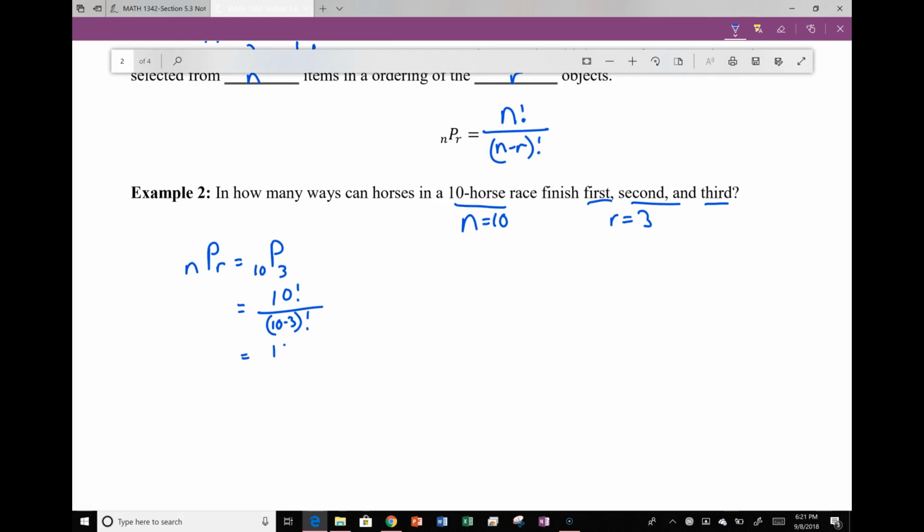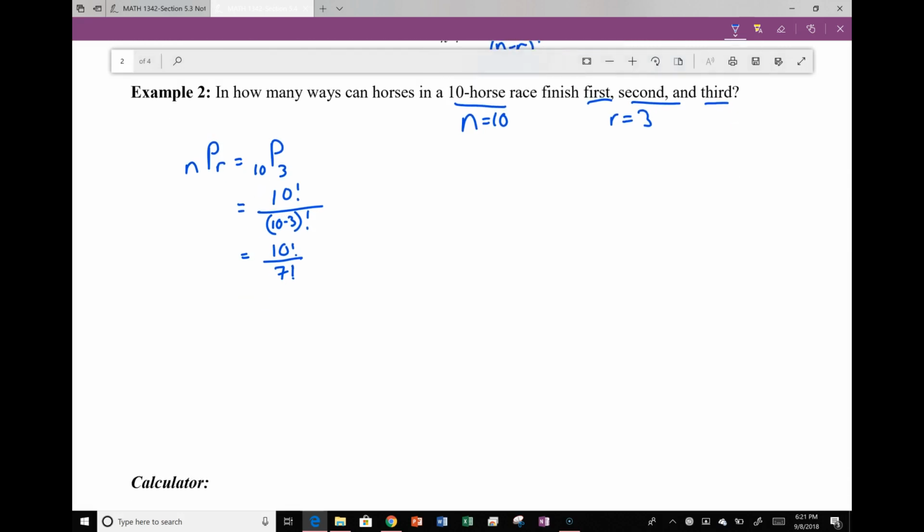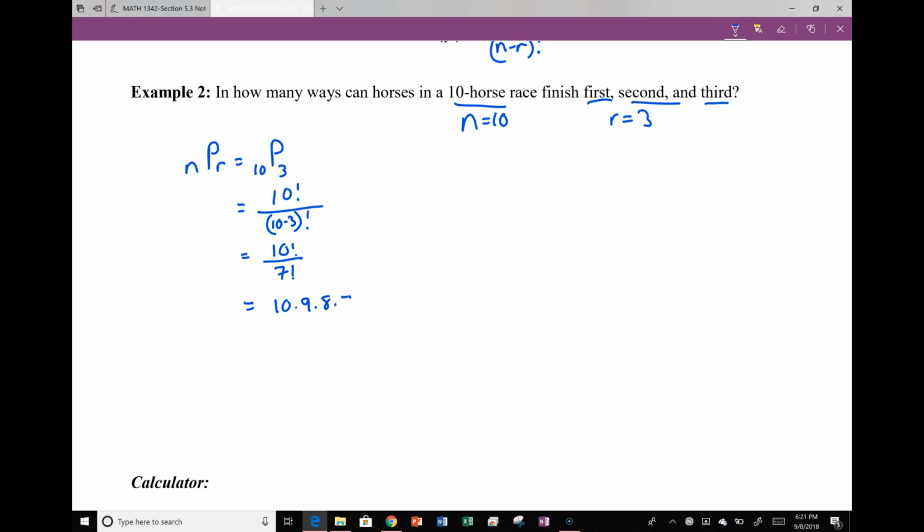When I look at this, this is 10 factorial. 10 minus 3 is 7 factorial. Okay, so 10 factorial is 10, 9, 8, 7, 6, 5, 4, 3, 2, and 1. 7 factorial is 7, 6, 5, 4, 3, 2, 1.